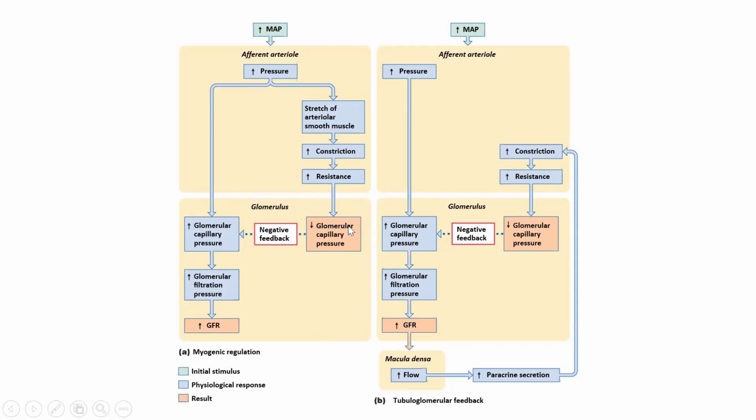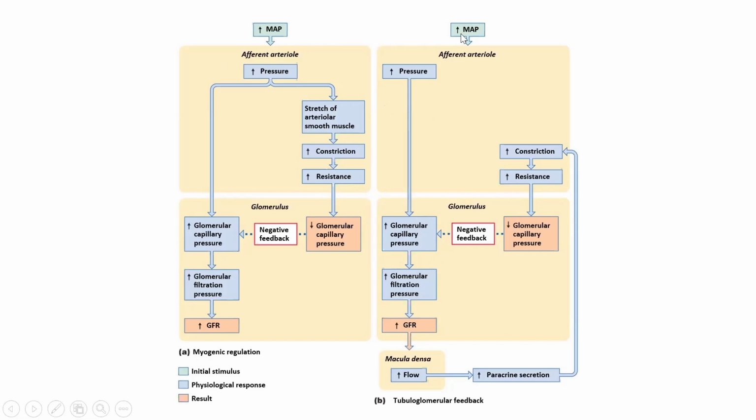Alternatively, if we look at the opposite scenario, if we have a rise in mean arterial pressure, that's going to be more pressure coming into my glomerulus. That's going to increase my glomerular capillary pressure. Actually, this is the same scenario.